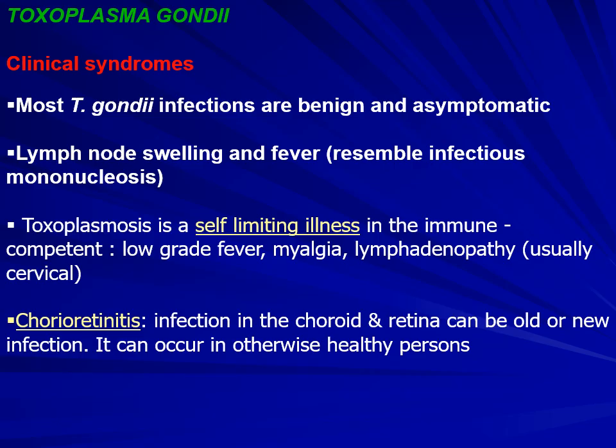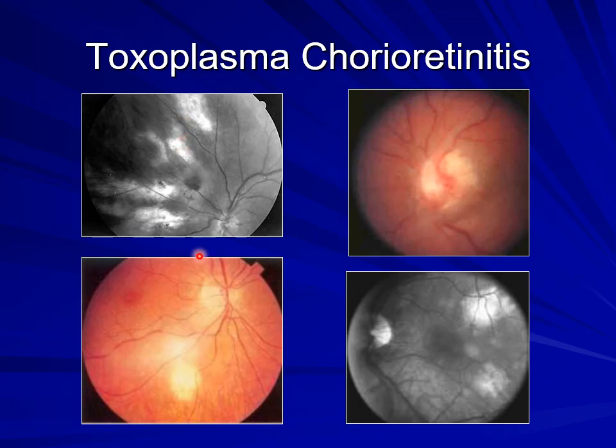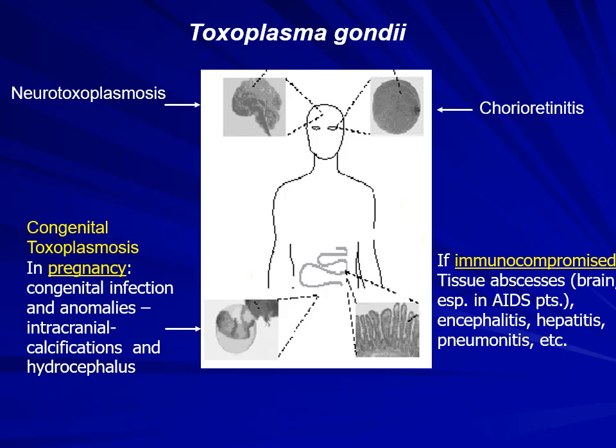The chorioretinitis is the result of the infection in the choroid and retina that can be a result of a recent or an old infection, and it can happen in healthy persons and in kids most importantly. These are examples of infected retina with Toxoplasma gondii, and these are pictures taken from patients who experienced chorioretinitis.